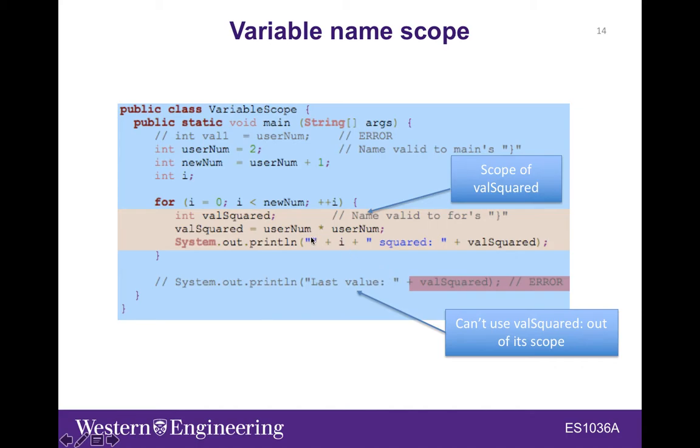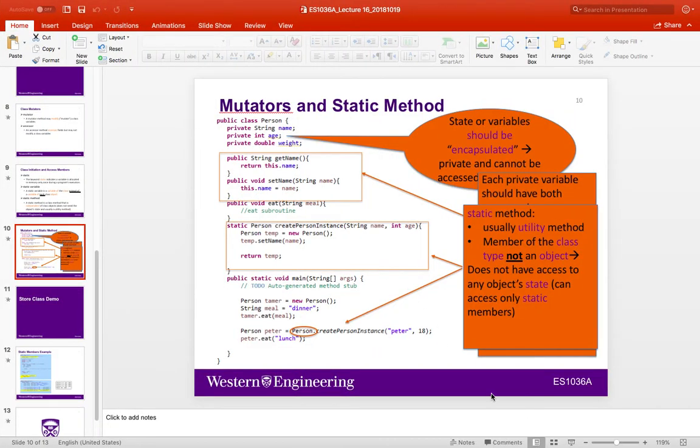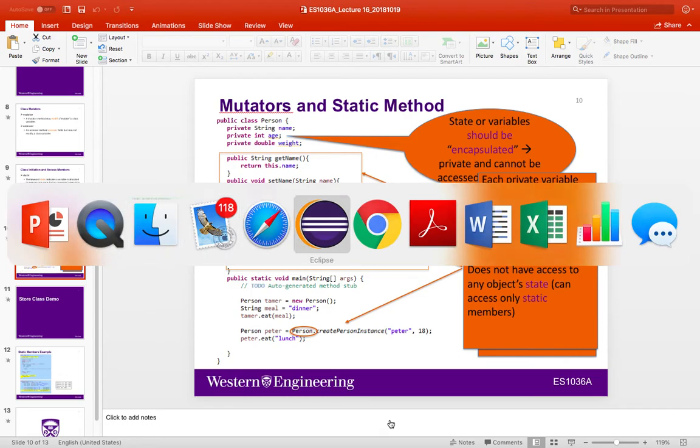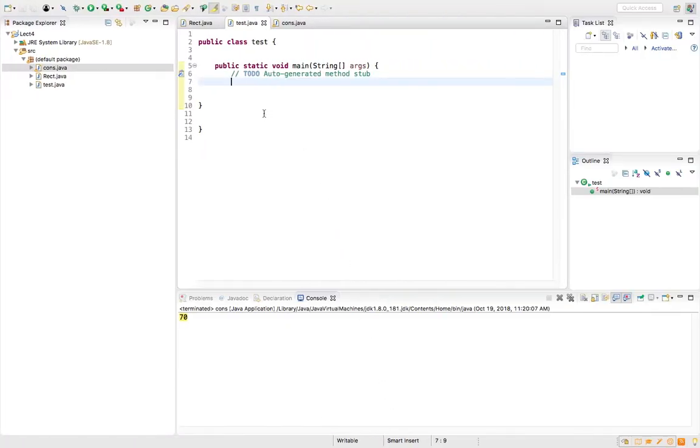If I declare a variable inside a certain block, this variable will be limited to this block. I cannot use it outside of this block. And the opposite, if I declare a variable anywhere inside my program, I can use it either inside a block or outside a block.